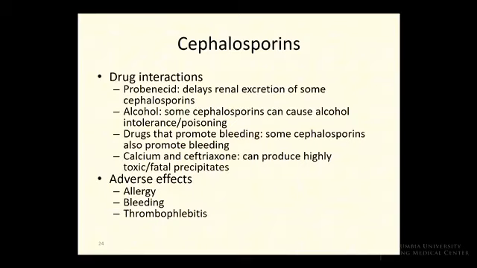It will increase, right? So if probenecid delays renal excretion, then cephalosporin levels will increase. Okay? And since cephalosporin has a relatively low toxicity, that's not too concerning. However, if you have vulnerability to some of its adverse effects, that may be a problem.